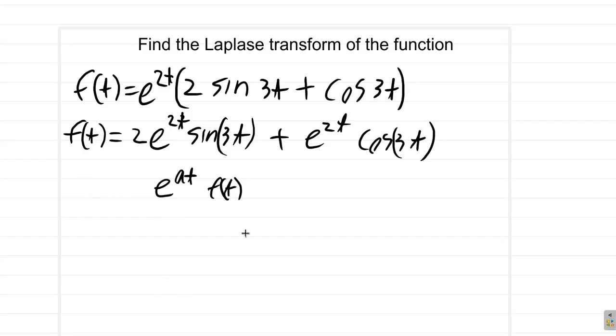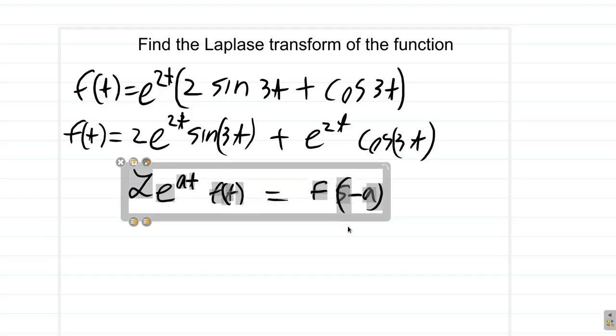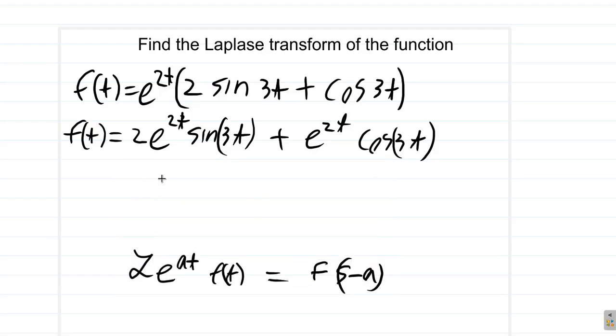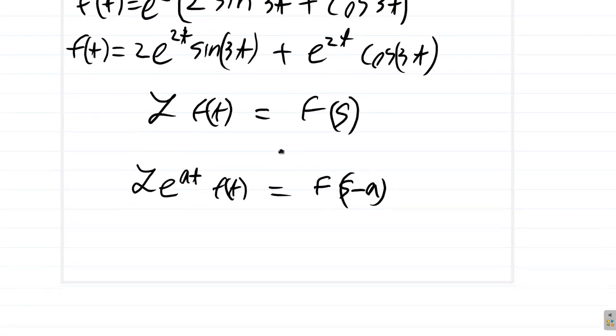The Laplace transform of this is going to be F(s minus a). If you didn't have that, and you have the Laplace transform of f(t), what you get is F(s). But when you have e to the at multiplying it, what you get is F(s minus a). So let's apply that to what we have.